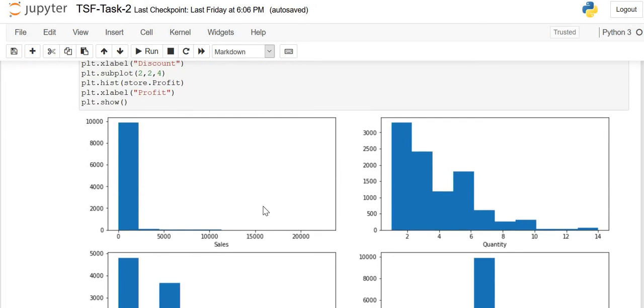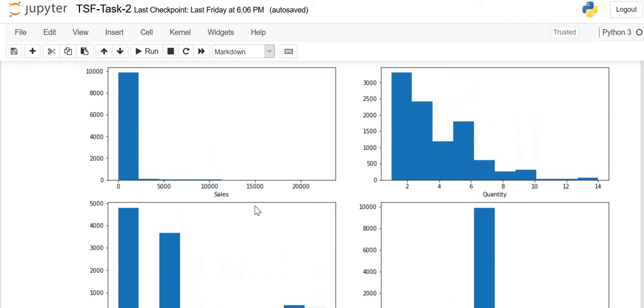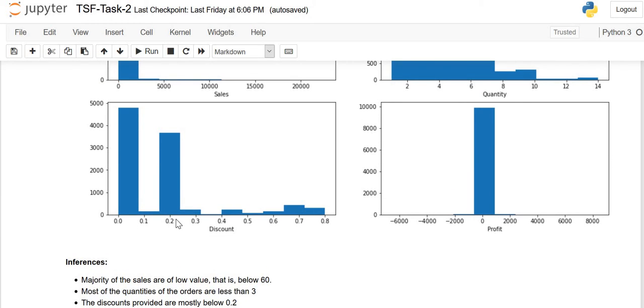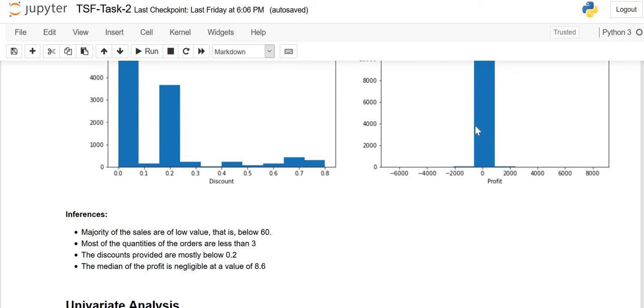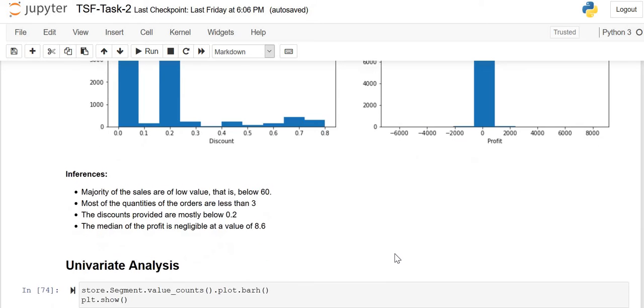When I plot the histograms of the same variables, we see that the majority of sales are less than 2500, and the quantity most commonly ordered is between 2 to 4. The discounts provided are mostly below 0.2, and the median of the profit is negligible at a value of 8.6.